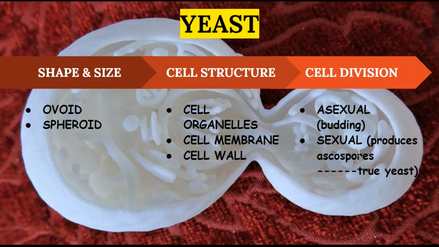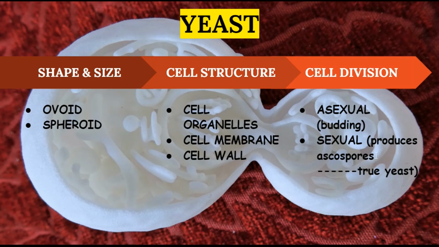Then there's another thing, which is sexual division, in which there are two important points: true yeast and false yeast. What are true yeast? True yeast are those which produce ascospores. Ascospores are only produced during sexual division.